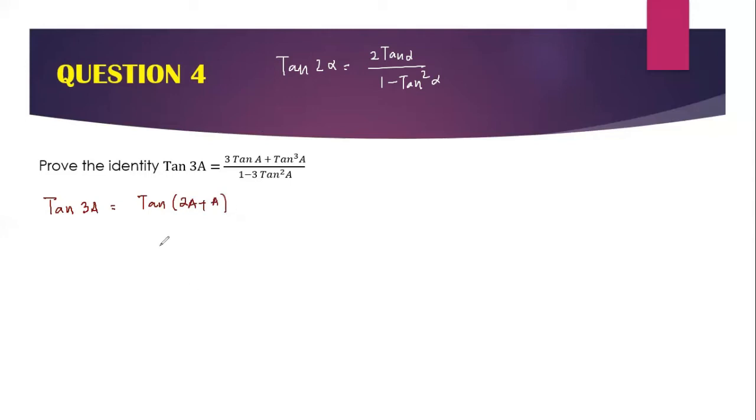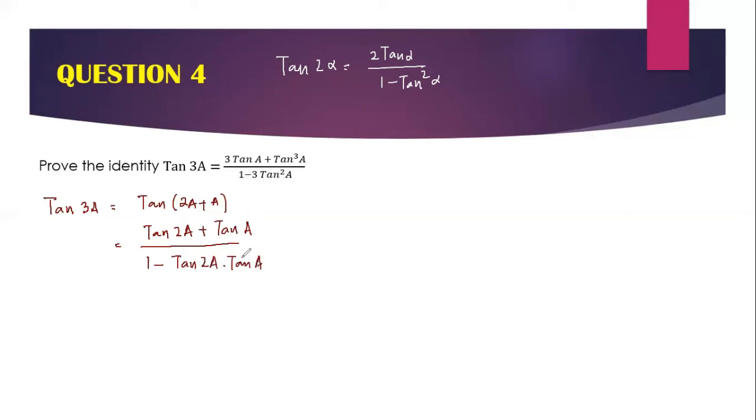Based on this formula, tangent 3A equals tangent 2A plus tangent A over 1 minus tangent 2A times tangent A. Is it correct?